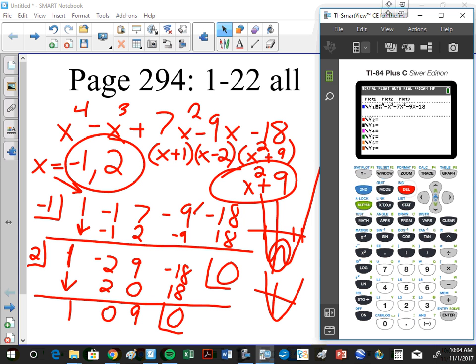So this graph is so steep that I'm going to multiply it by, say, 0.1. And that will bring the minimum up.